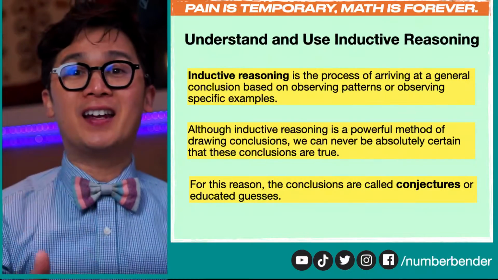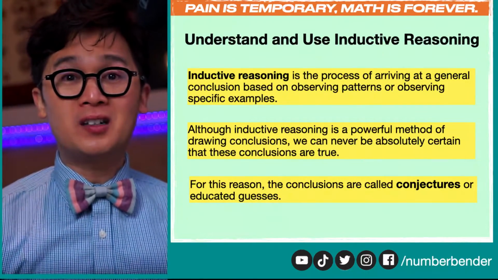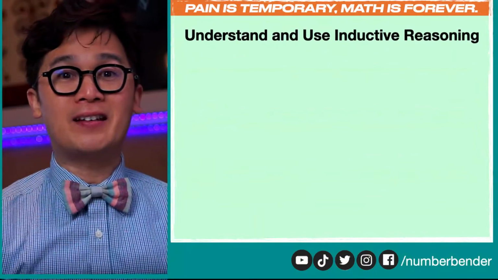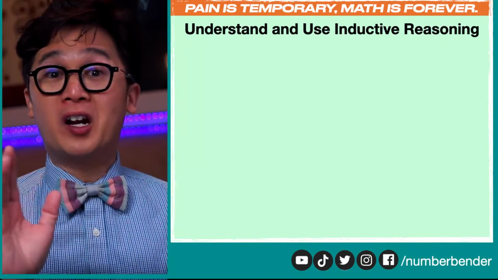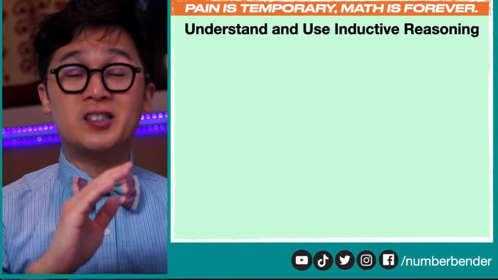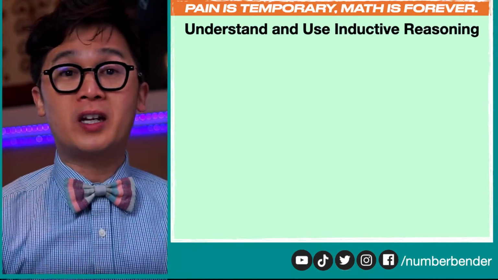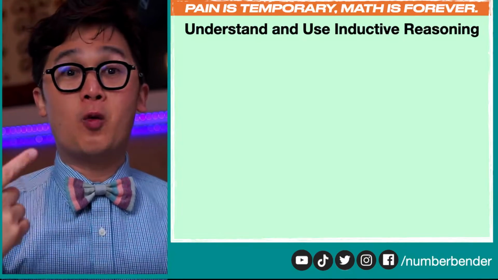And that is how inductive reasoning works and how we use these terms in mathematics. When we apply these terms in some theorems in geometry that we are working on, we'll be able to understand what they mean.